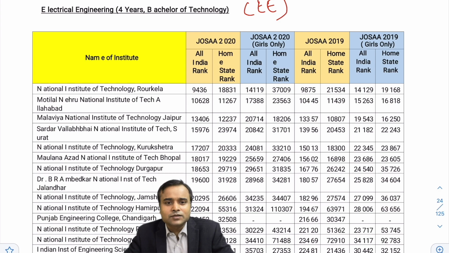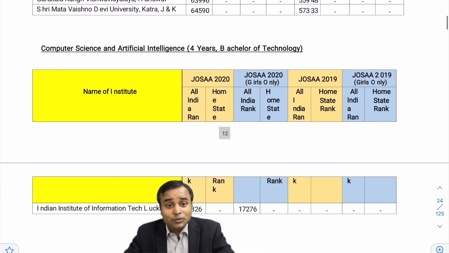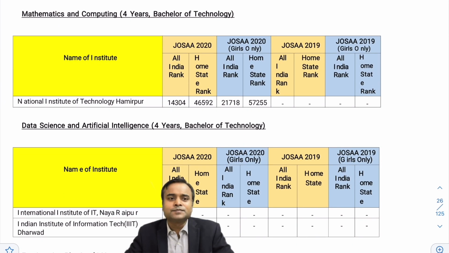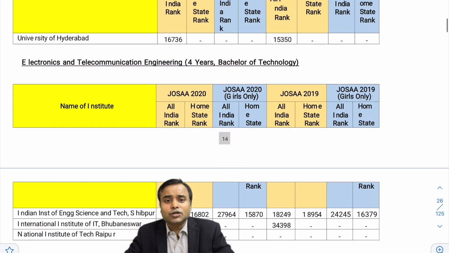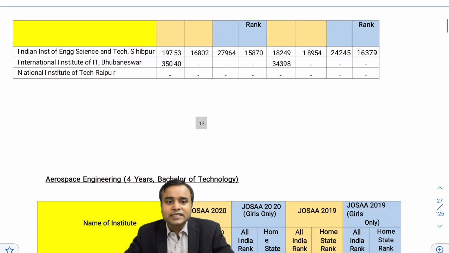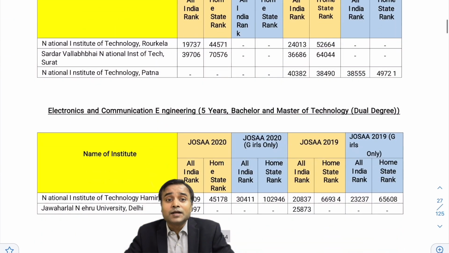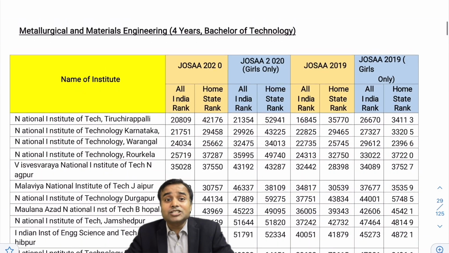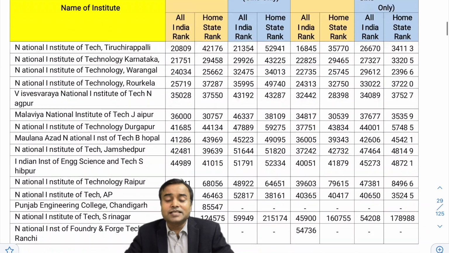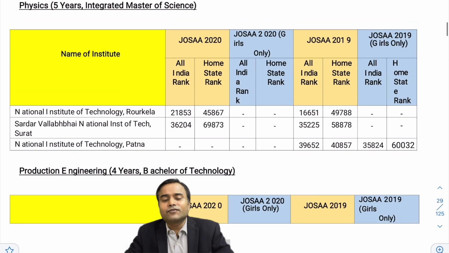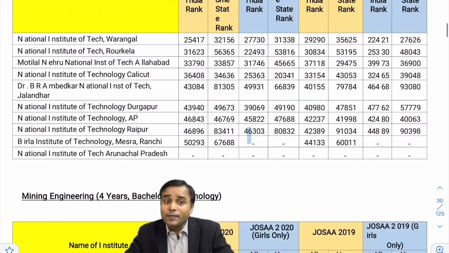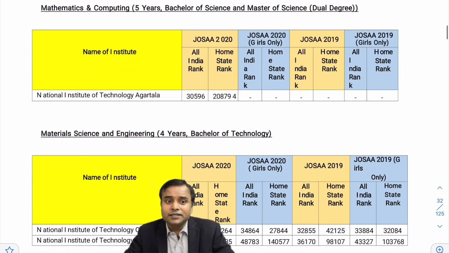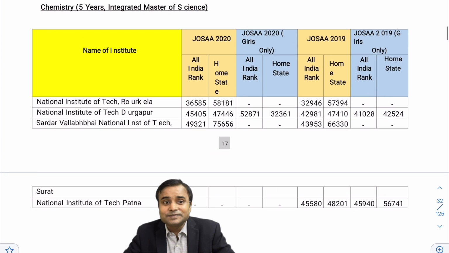Electrical engineering, EE, computer science and artificial intelligence, mathematics and computing 4-year, engineering physics, electronics and telecommunication engineering, aerospace engineering, mathematics 5-year course, electronics and communication engineering, metallurgical and material engineering, physics, production engineering, biotechnology, mining engineering, production and industrial engineering, mathematics and computing, artificial intelligence, chemistry, different branches.